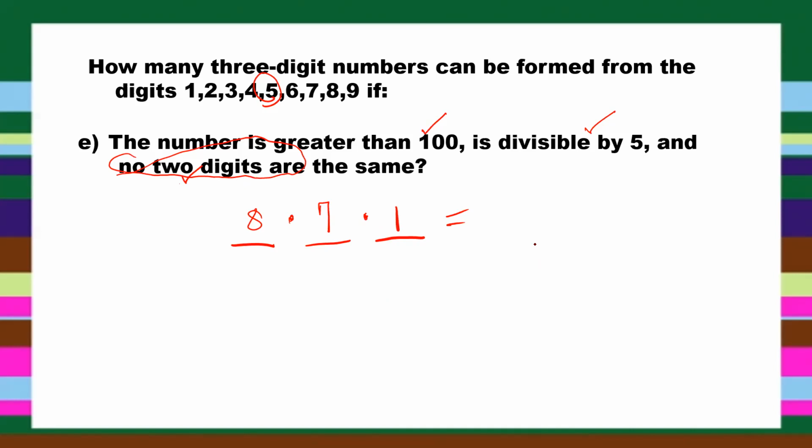So there are 56 three-digit numbers that can be formed using the numbers 1 to 9 that are greater than 100, divisible by 5, and have no two digits the same. So we can do that in 56 ways.